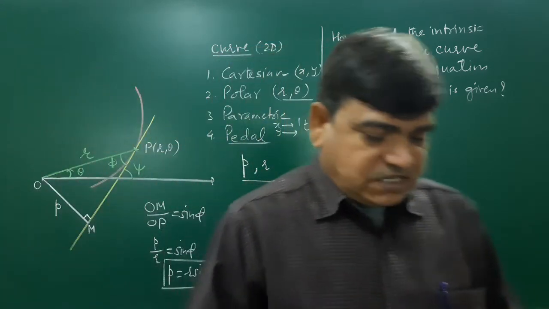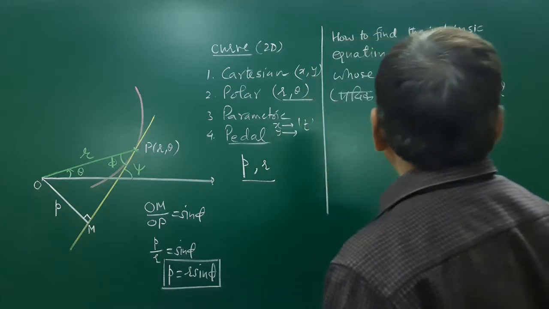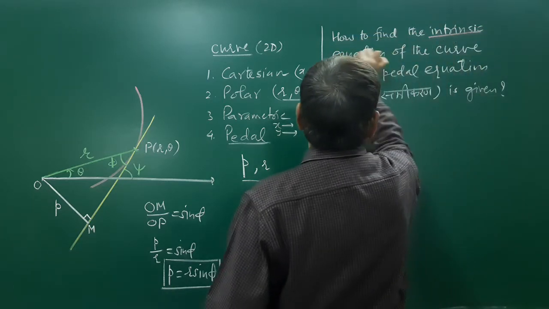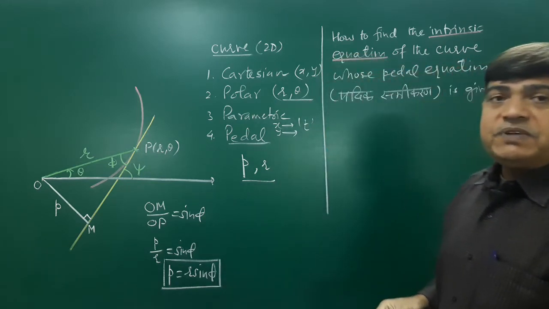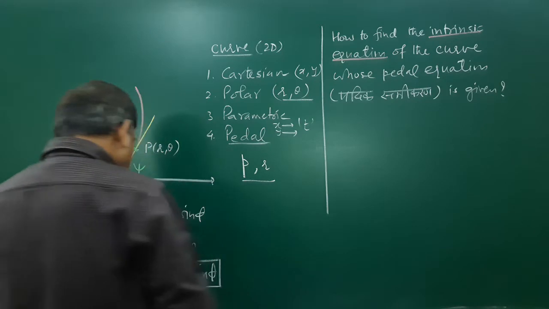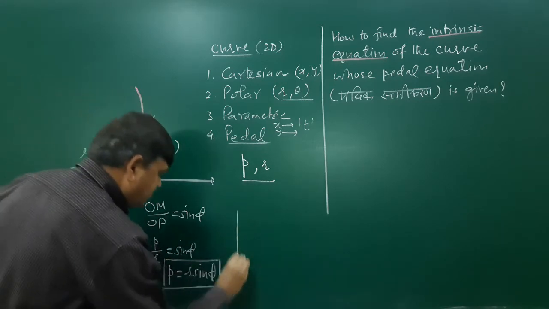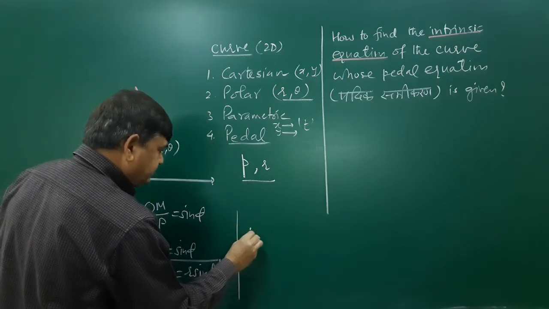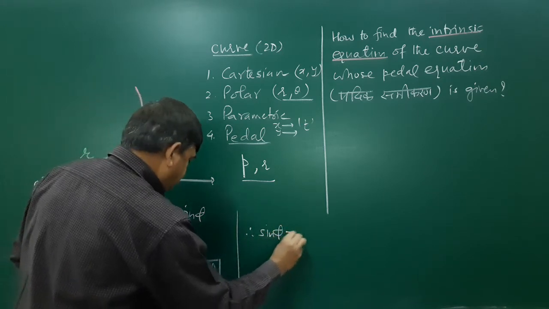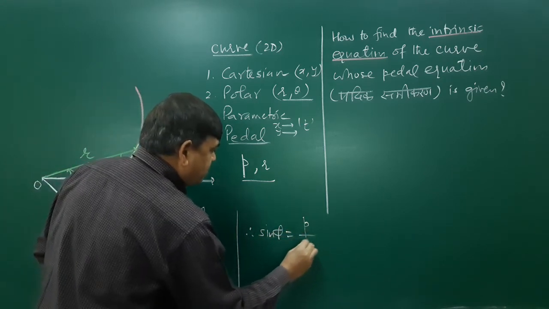This basic part we people know that. Now this is the intrinsic equation, that means the relationship in terms of s and psi. Here it is p equals r sine phi. Therefore, sine phi equals p upon r.